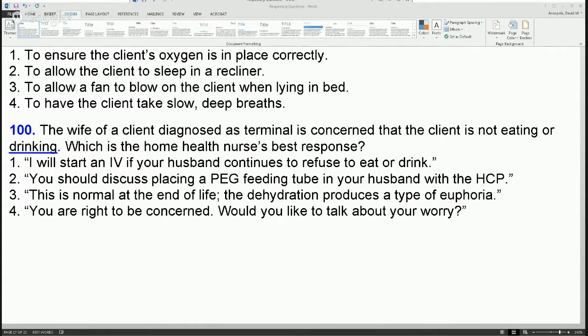I would say, let's see, the wife of a client. 4 is giving your opinion, so we can't say 4. I was thinking about asking them about their feelings about it, though. Not eating or drinking.